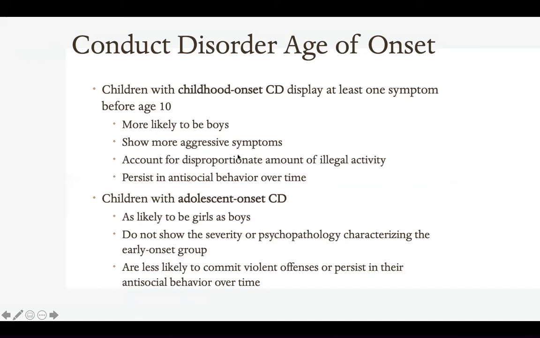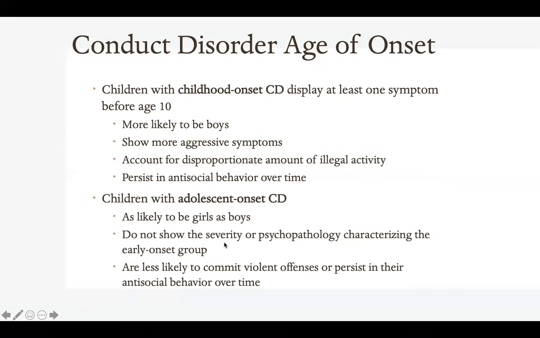So what this means is that childhood onset conduct disorder has a worse prognosis as they grow up. They tend to not outgrow the conduct problems. It tends to get worse and turn into antisocial personality disorder, and they tend to do worse in adulthood as well. Those who have adolescent onset conduct disorder, we have equality in the sexes here, where it's as likely to be girls as boys. They don't show the same severity or psychopathology characterizing this group, so their conduct problems and antisocial behavior are not as severe.